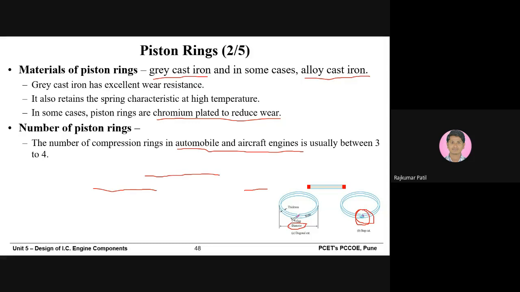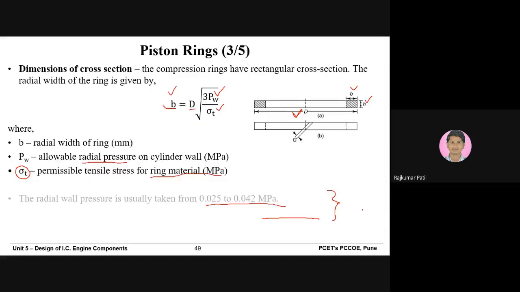If they are in the same direction, then the combustion gases easily flow from the combustion chamber to the crankcase, or oil may also flow from the crankcase to the combustion chamber. So that's why we need to make sure that while placing the rings one over another, their open ends should be opposite to each other.